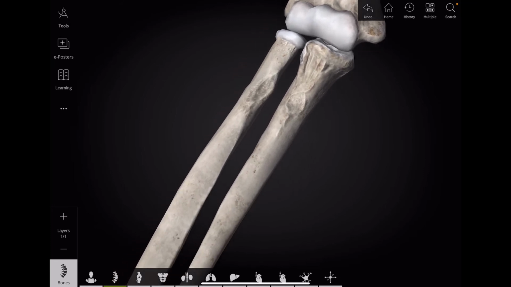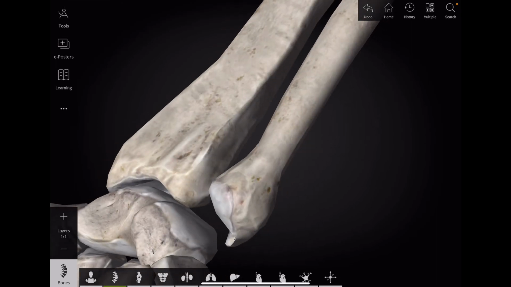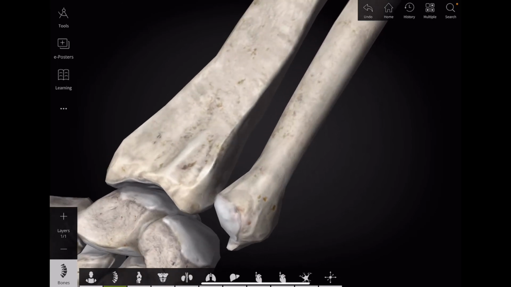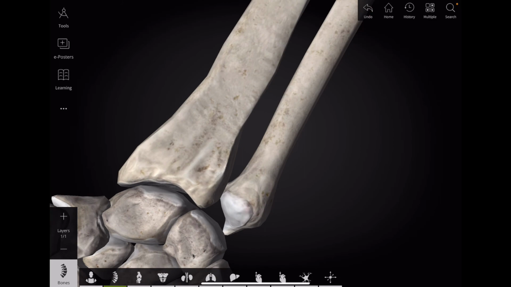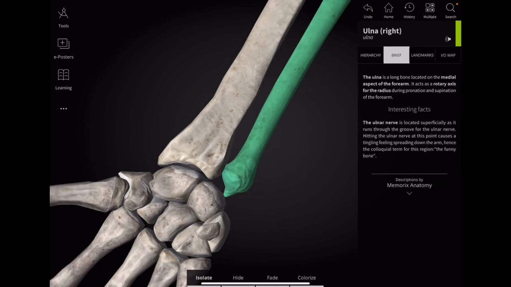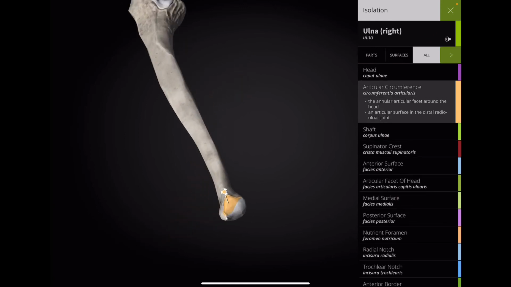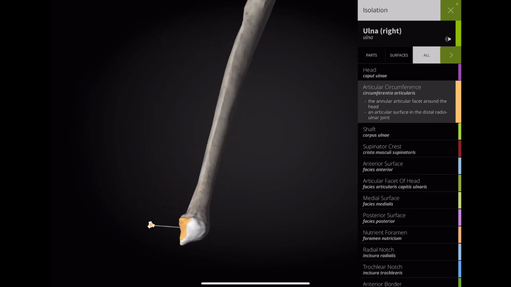But if we go a little bit further down, you can see that the radius again articulates with the ulna. And that normally happens around the articular circumference of the head. So if we go back to it, this will be the place. Again, the articular circumference is an articular surface for the distal radioulnar joint.